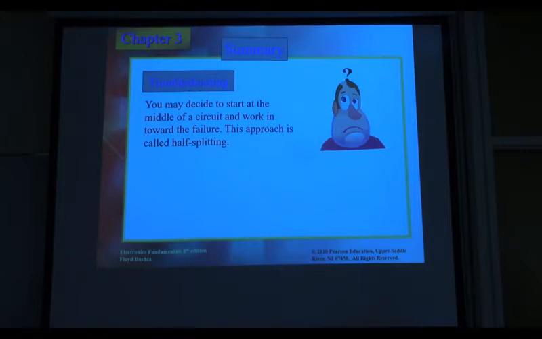Is this number less than or equal to 8? It says no. So now I know it must be from 9 to 16. Then for this part, I divide again. Then finally I will get the answer.